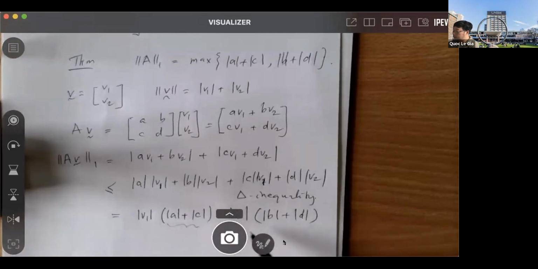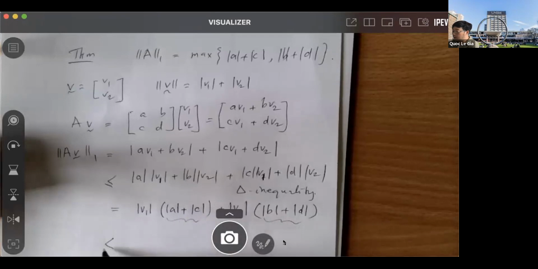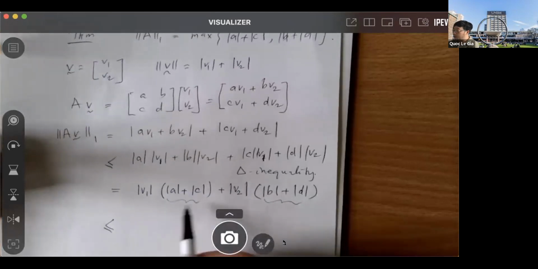Great. So now look at this quantity and this quantity. I don't know which one is bigger. Then I can bound it by a common bound.